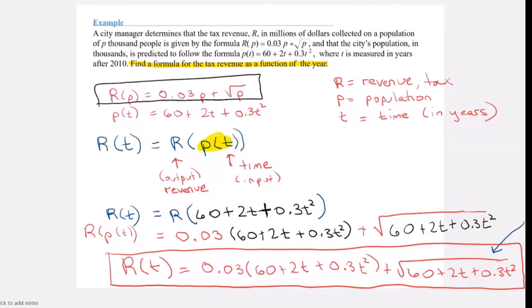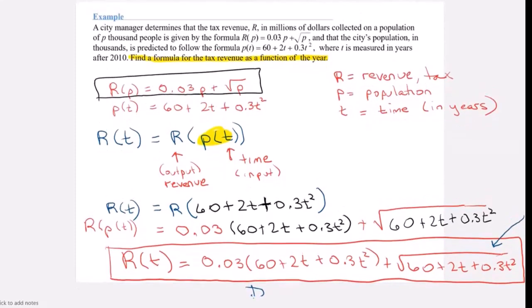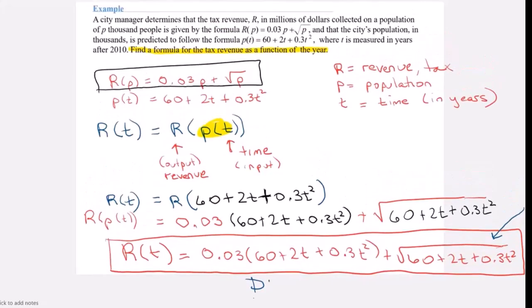Okay, so t is going to be a positive number. I have a positive number plus a positive number plus a positive number, which is always going to be a positive number. I can take the square root of any positive number, so I don't have to worry. My domain is all real numbers. Okay, and hopefully that clears up composition.